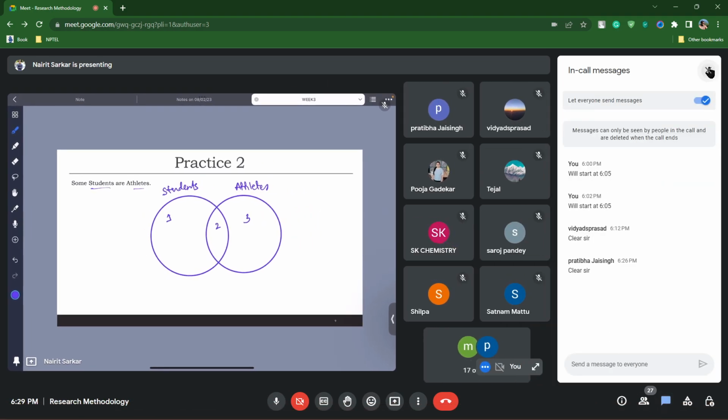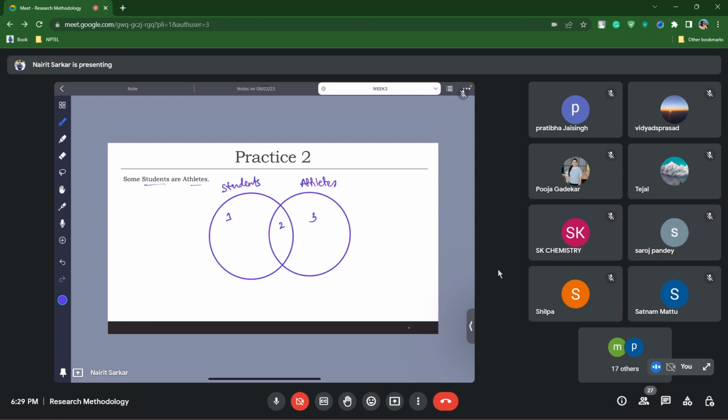Anyone? So first, two includes the students who are athletes. Shading in 2? No, not shading, sir. One is to be shaded, empty, and two is the students who are athletes.